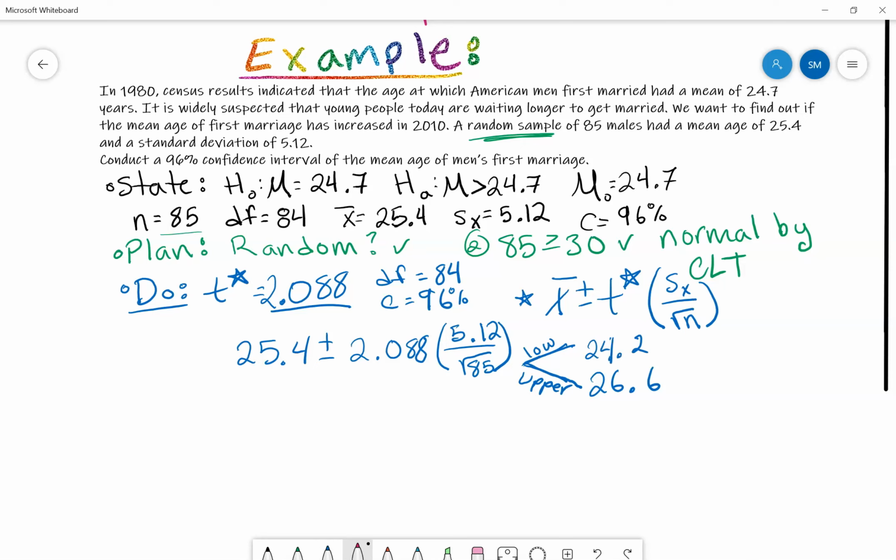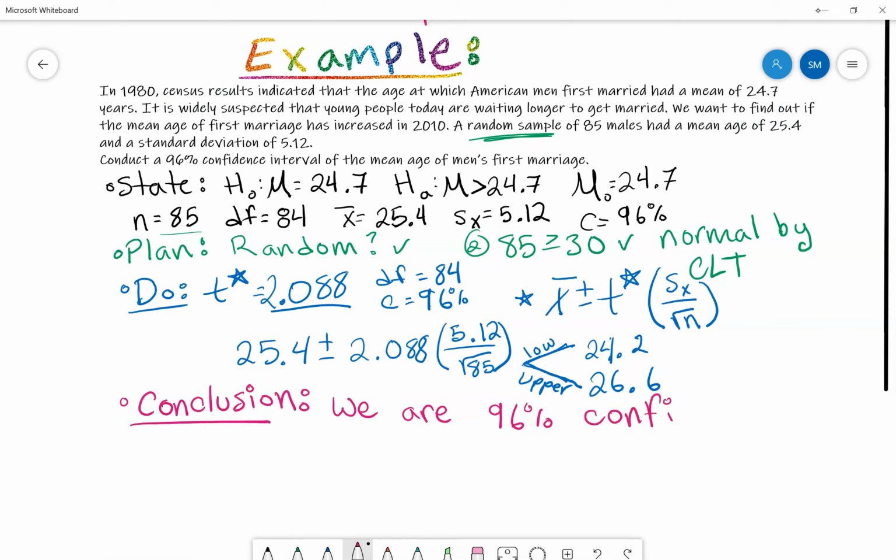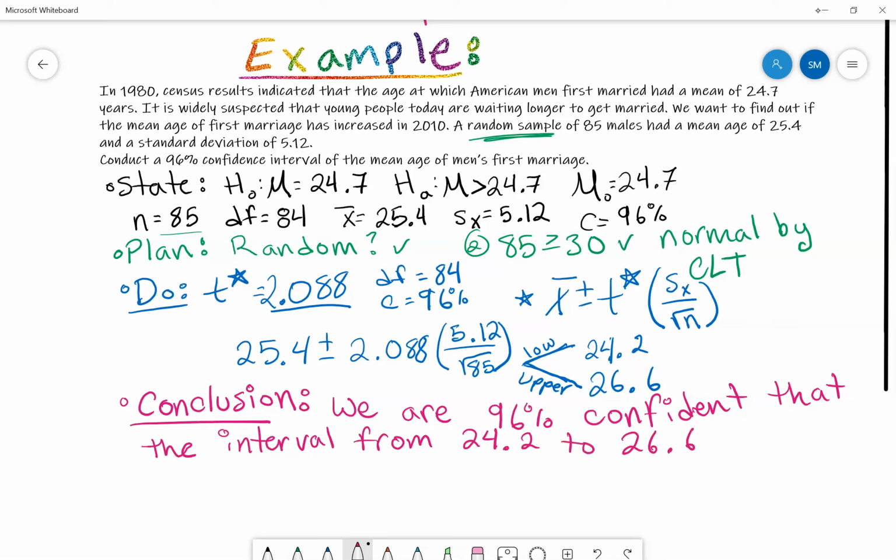And we have to then write our conclusion. In our conclusion, we are going to say that we are 96% confident that the interval from 24.2 to 26.6 captures the true, oh, we didn't define the parameter in context, the true mean age for when men get married.